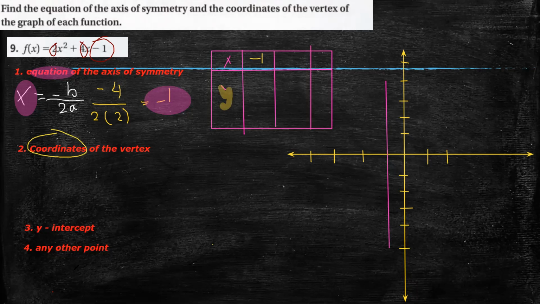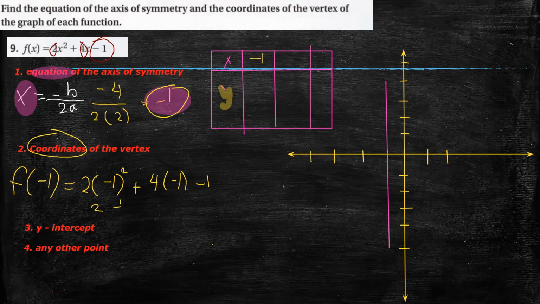So now let's evaluate in the function. f of negative 1 equals 2 times negative 1 squared plus 4 times negative 1 minus 1. Negative 1 squared is 1, times 2 is 2, plus negative 4, minus 1. 2 minus 4 is negative 2, minus 1 is negative 3.